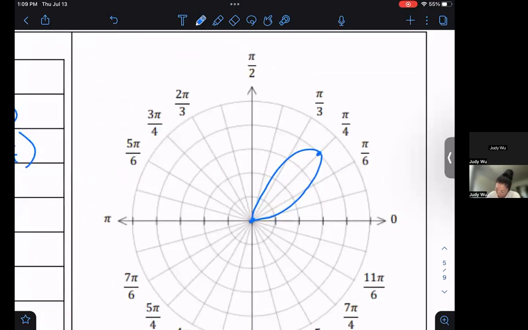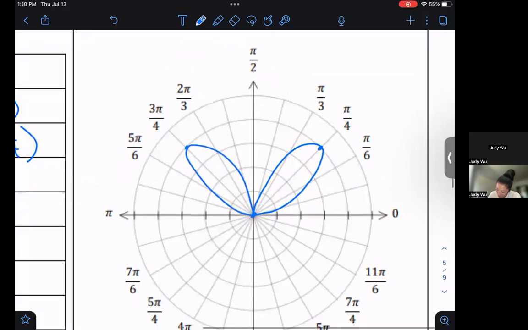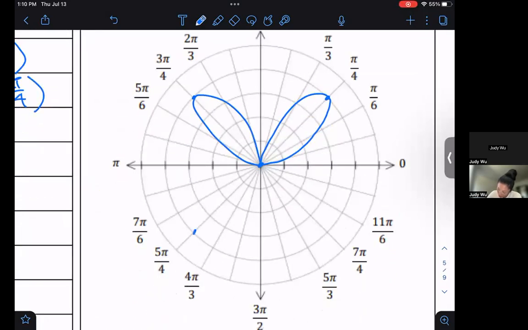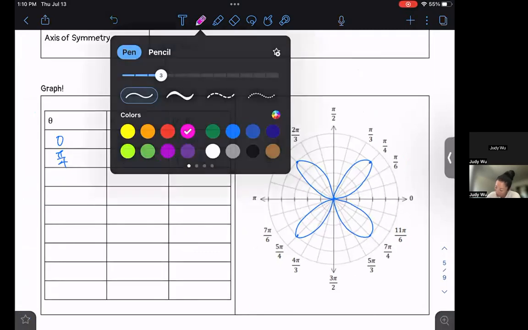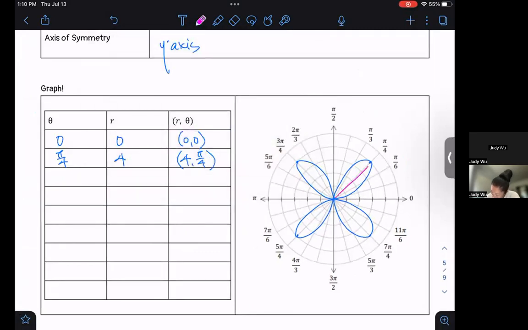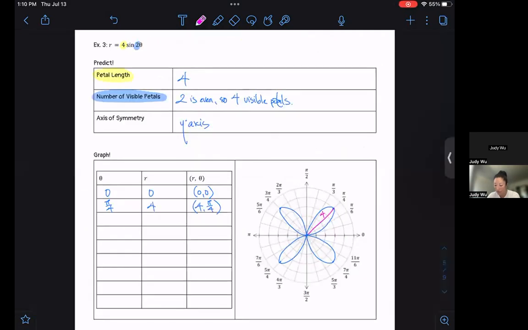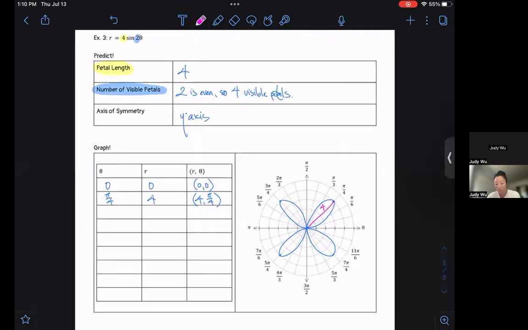So I should end up with a petal here, and a petal here, and a petal here. All right, and we can see here that this petal length is 4.